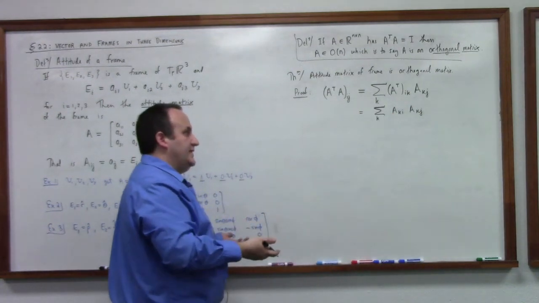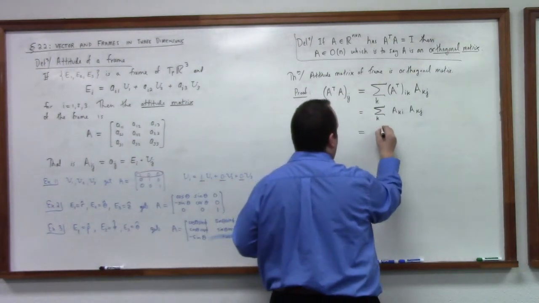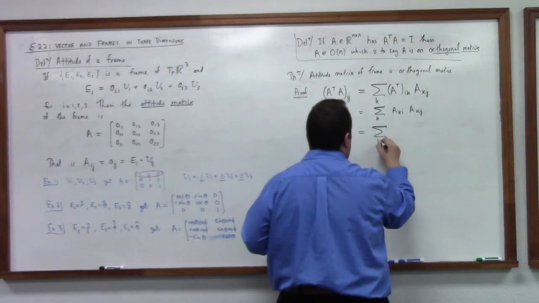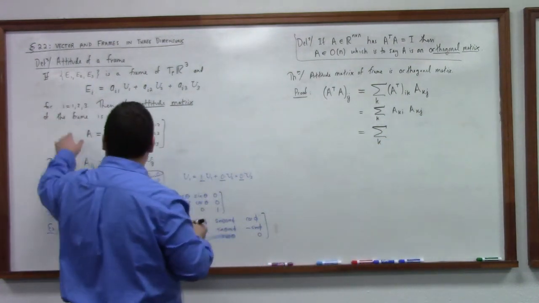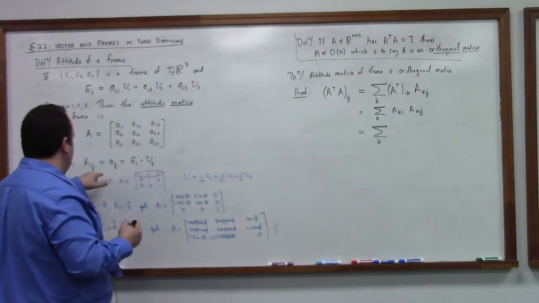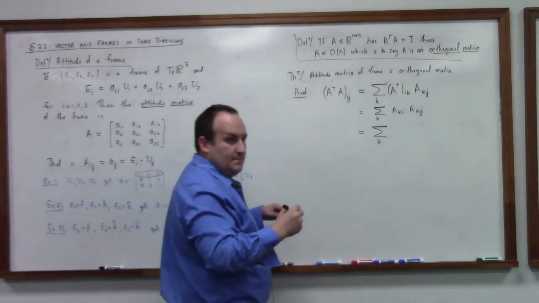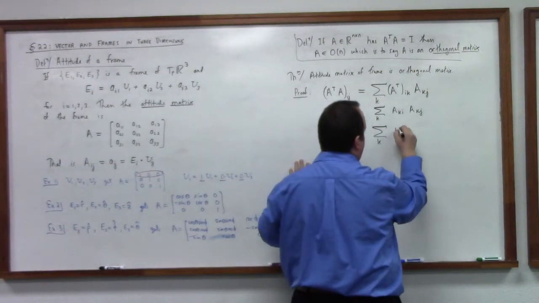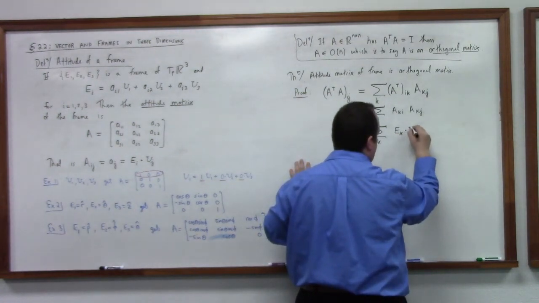But how did we define the attitude matrix? What's A ki? Aij is Ei dot Ej, so this would be Ek dot Ei. Well, not Ei, Ui, right?